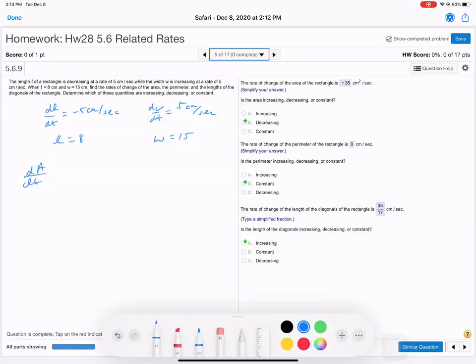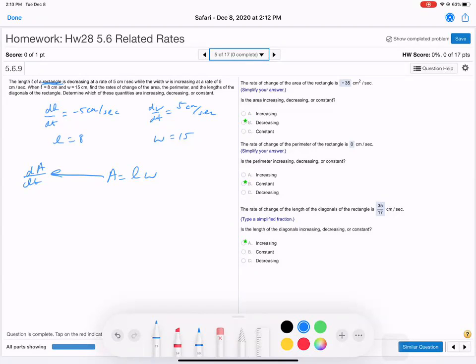Right? So one thing we want to realize is this is a rectangle, and we have a rectangle equation. A is equal to length times width. Then determine which quantities are increasing and decreasing. So they want us to first find the rate of the area changing. How do we get from A to dA over dt? What do I do, Bobby?